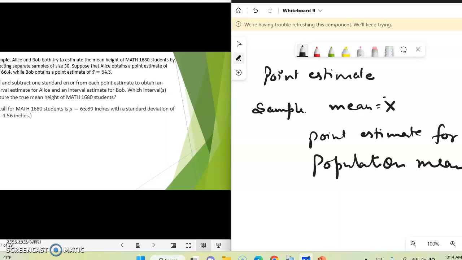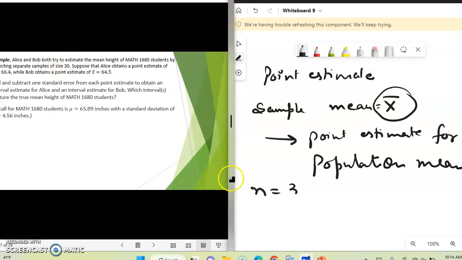We are trying to guess what your population mean would be, and that is happening using your sample mean. So they are taking a sample size of 30, so n is equal to 30.